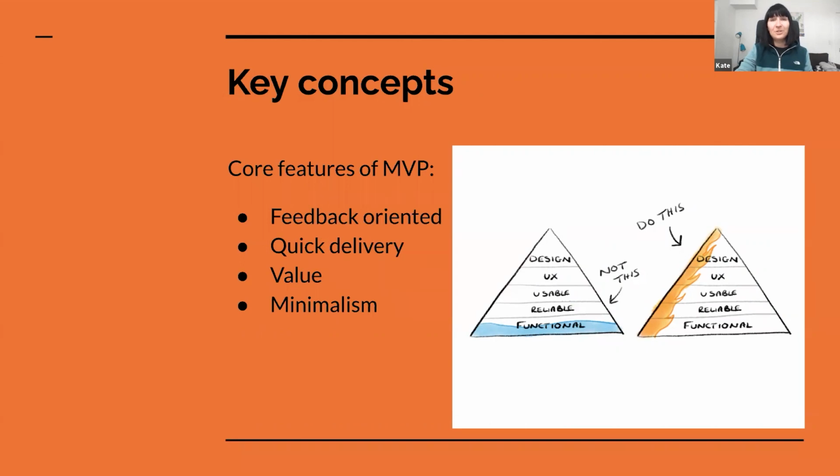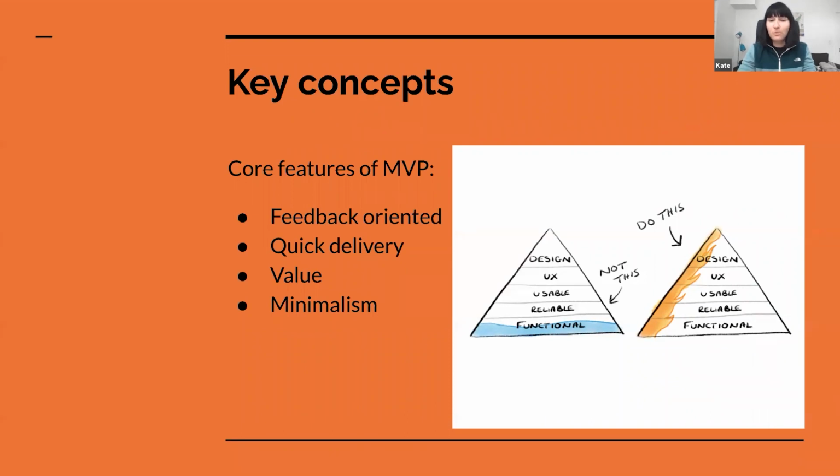Key features would start with feedback oriented. So the key idea is that you don't want to ship a product that has all the wrong functionality and UX. You want to know early in the dev process that what you're doing is the right direction. Like in the skateboard example, an MVP could be a bus ticket, and maybe based on some user research or investigation you conducted, that was the right idea and the right way to go.